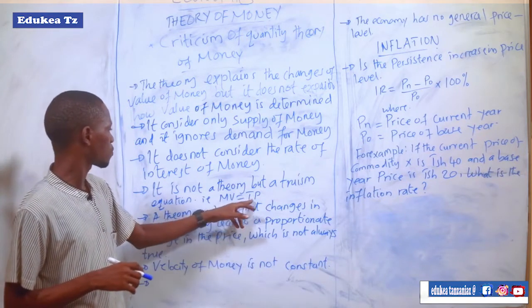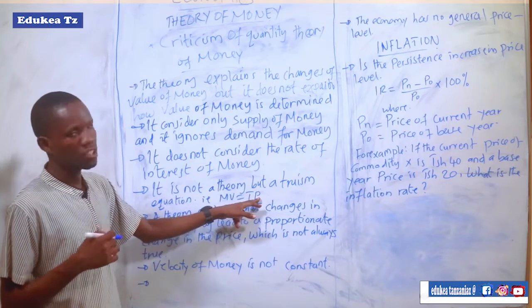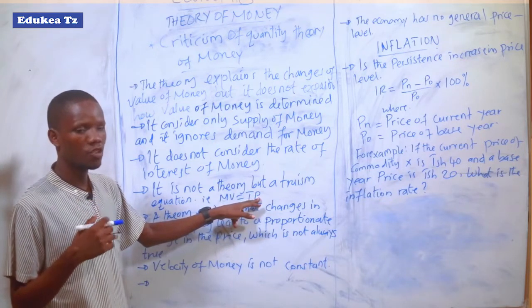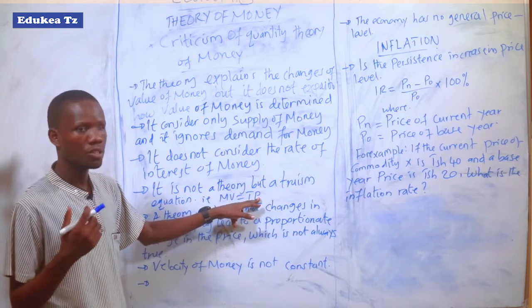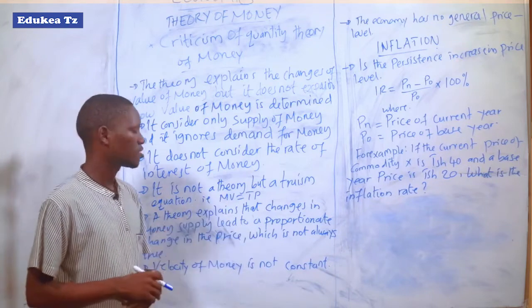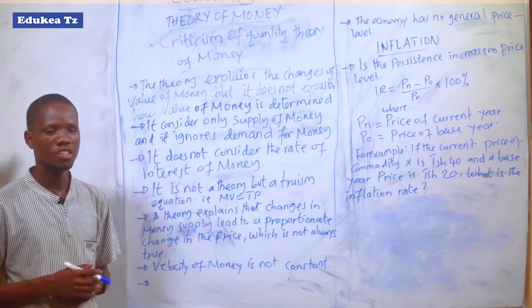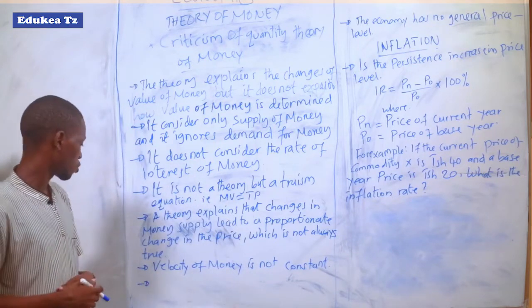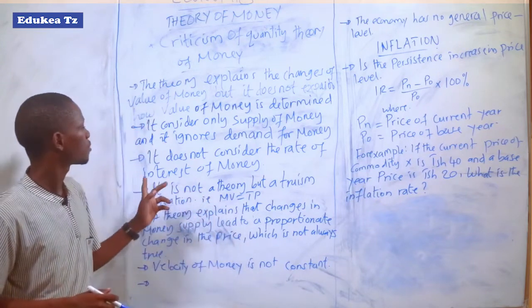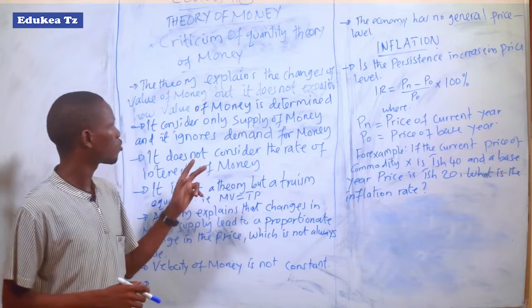So this is one price. Professor Fisher assumed that there is a general price level in the economy. This is idealistic. It is not true that there is a general price level in the economy. So we are through with the criticism of the quantity theory of money.